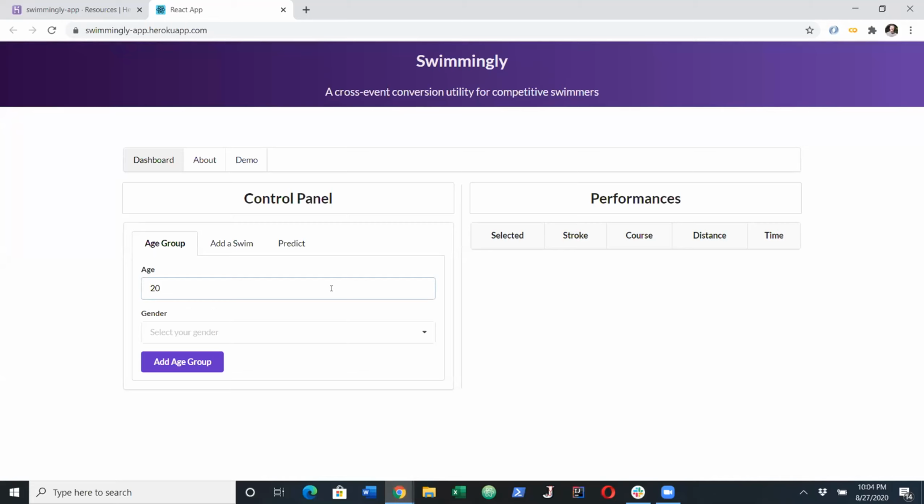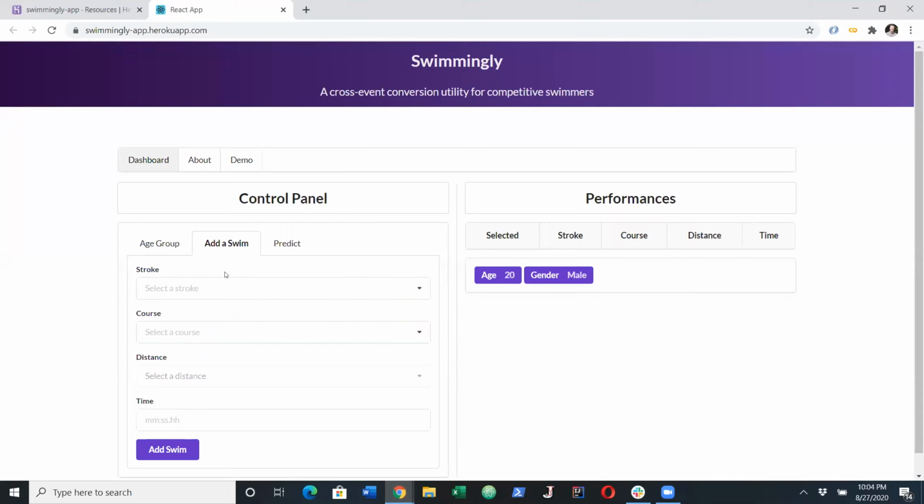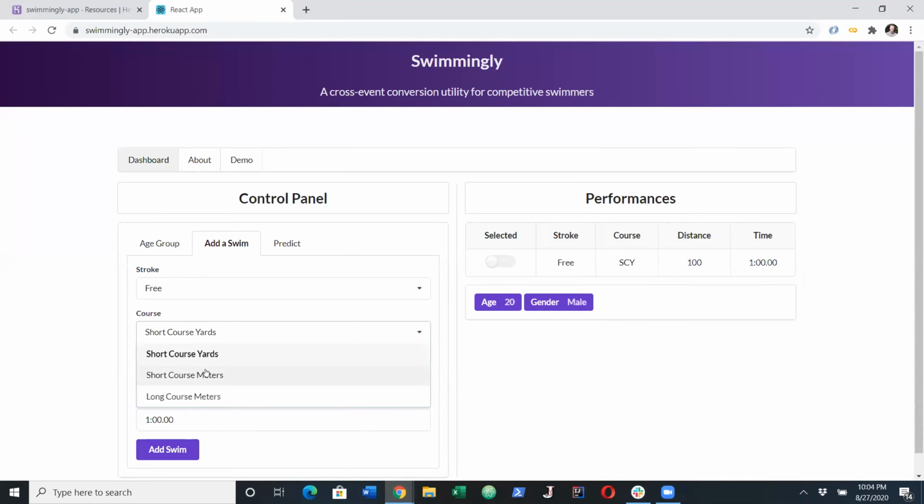You'd enter the age, the gender, then you'd add that, and then you add a swim. So I'm going to add a few quick events. You'd add a time, and then just to make it quick, I'm going to add just 200.